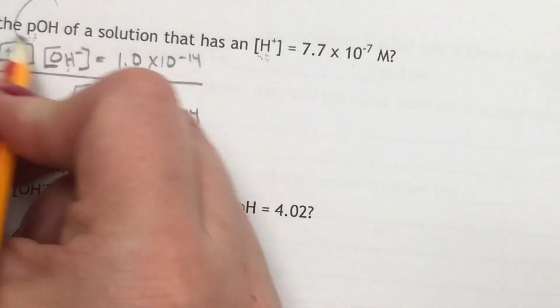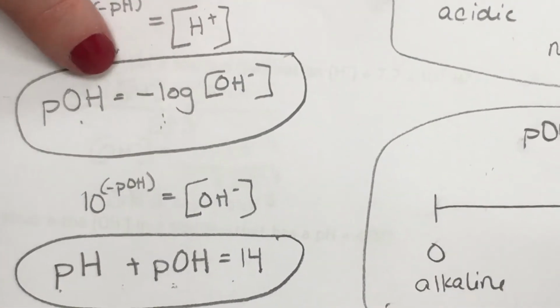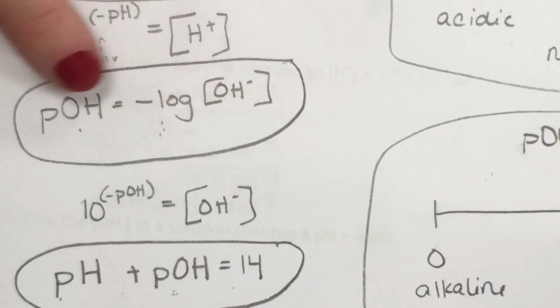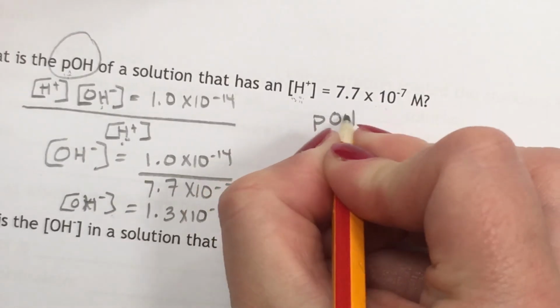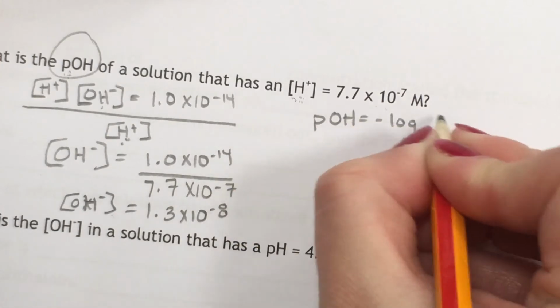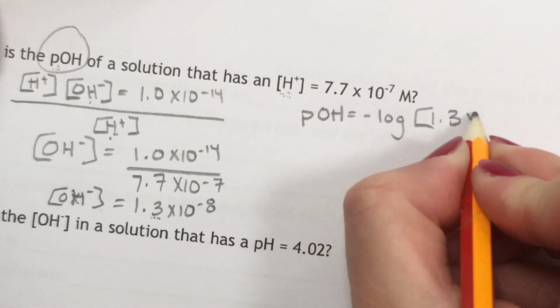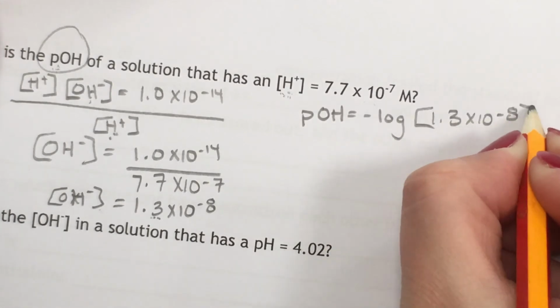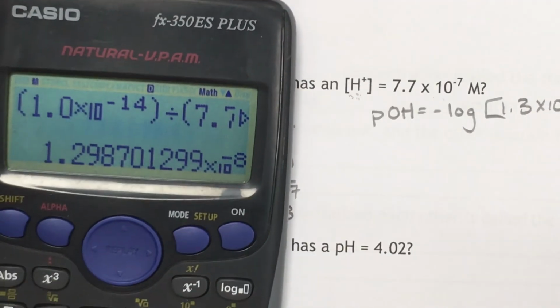But that's not what the question's asking for. It's asking for pOH, right? So now we can plug that into this equation. We have the concentration of hydroxide ions now, so we plug it in here. So pOH is equal to the negative log of 1.3 times 10 to the negative 8. Then we calculate it.